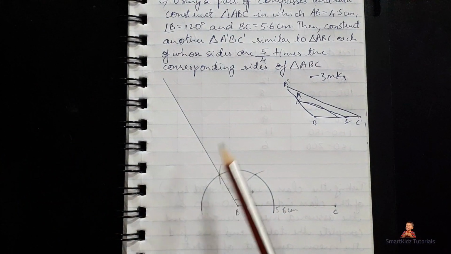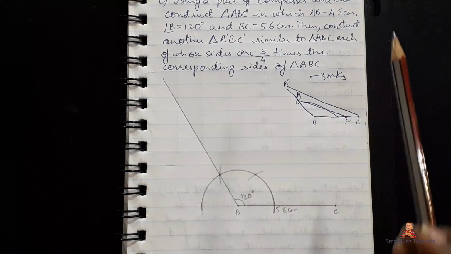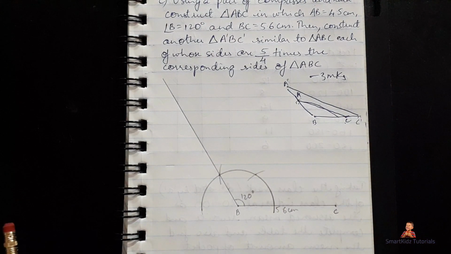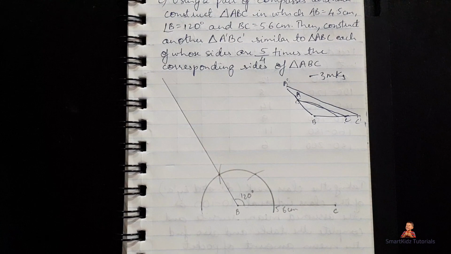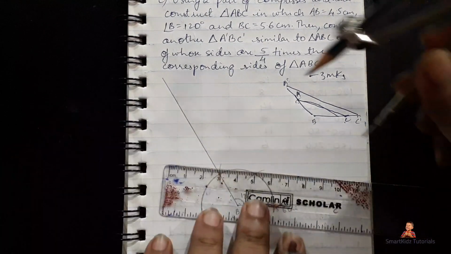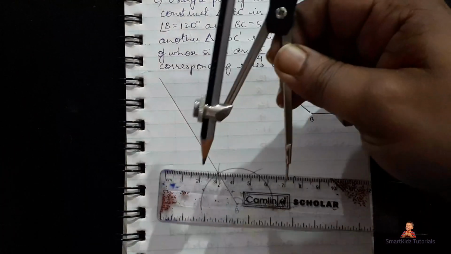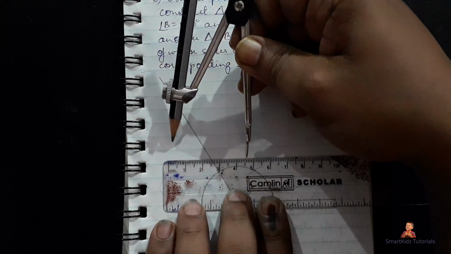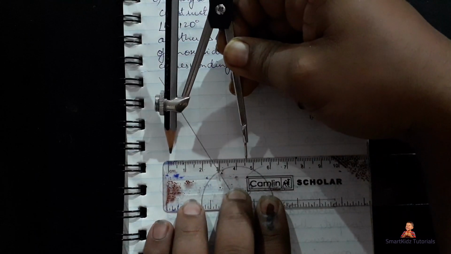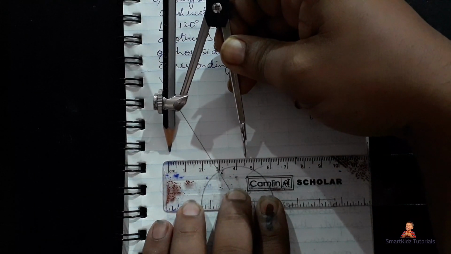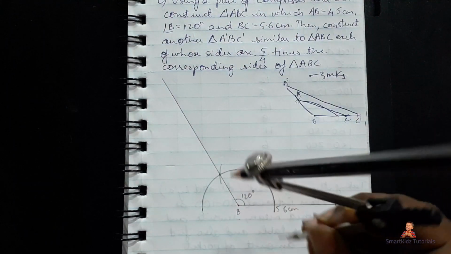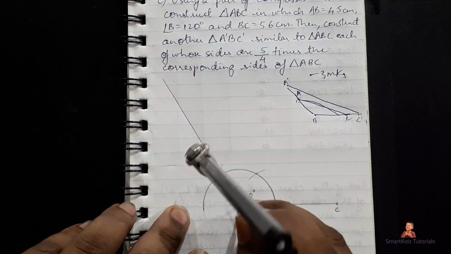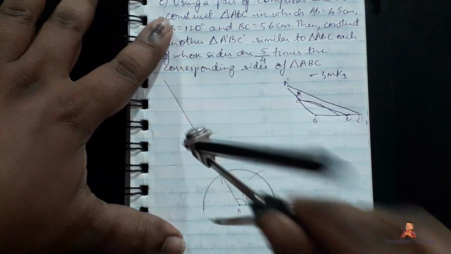Next we need to get AB. For that, AB is given to us as 4.5 centimeters. So we'll measure 4.5 centimeters. So here you go, 4.5 centimeters. I'm going to keep the point on B and cut an arc like this.